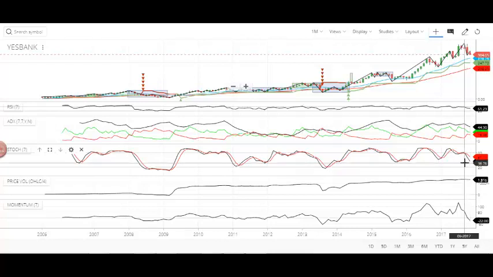So I keep observing the stock, I keep observing these indicators, and the moment there is a reversal, where the black line crosses the red line, at that time I will create one more video, indicating the right time for you to invest when it comes to long-term investment. Until then, it is better to wait and watch.